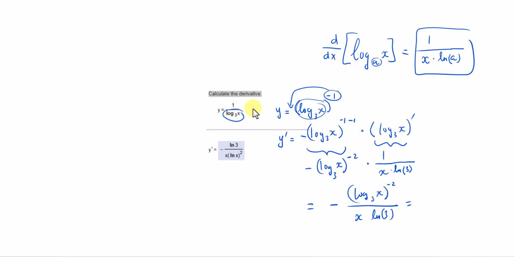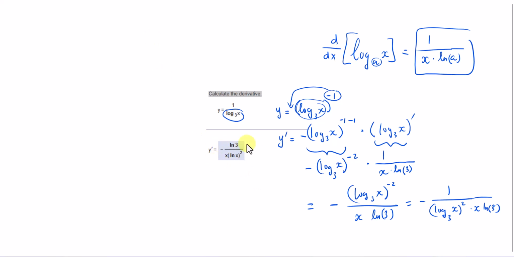We can bring the -2 back to the bottom, and change that to log base 3 of x to the power of square, and again we multiply with x and ln of 3.